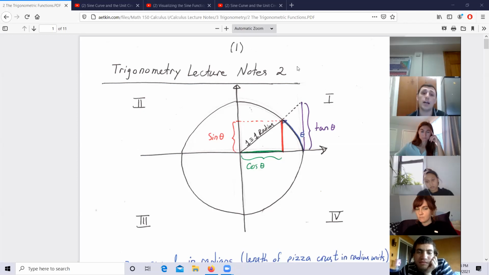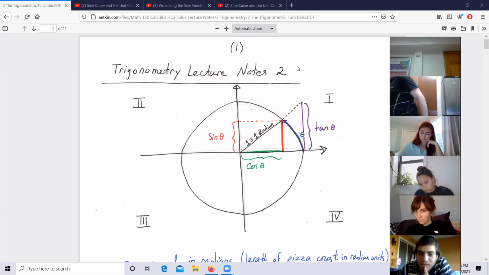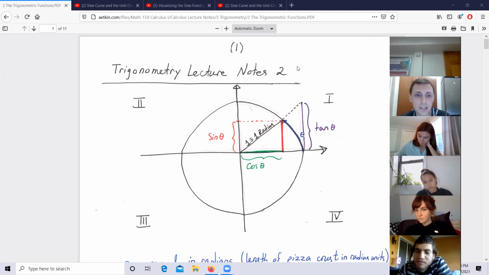And what is cosine at pi over 2? Of course, it is 0. Good. You see that it's 0.